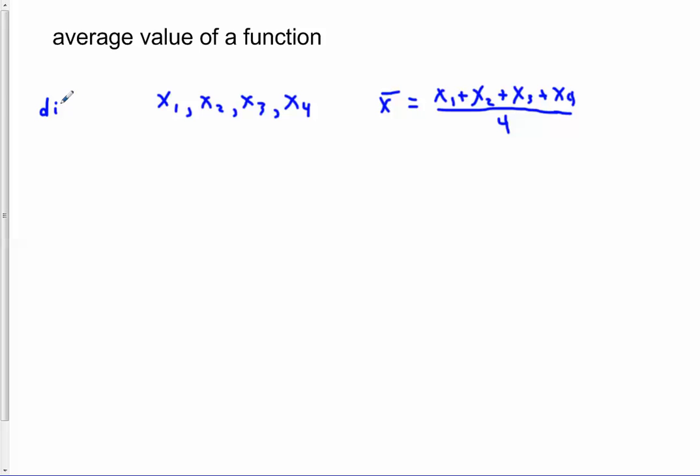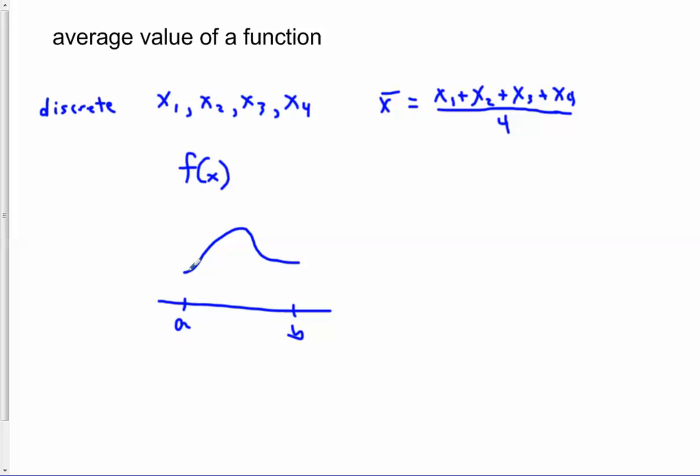So that's what we do when we have a discrete set of numbers. But if we have a function, you can think of this as really infinitely many values, infinitely many numbers, between, let's say, two endpoints A and B, f is a bunch of different y values.